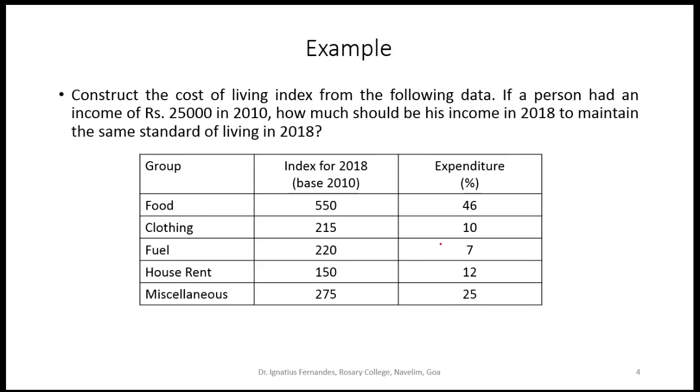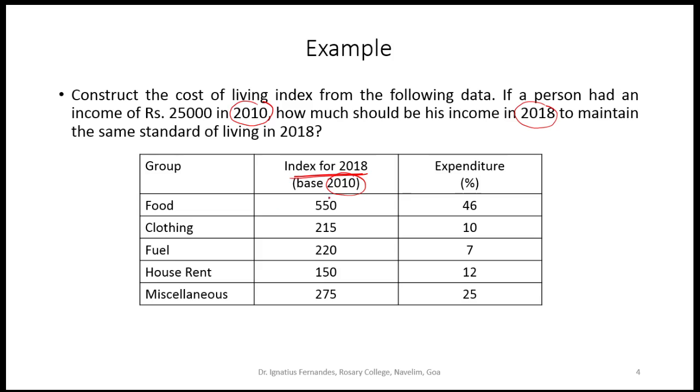Let's say, for example, suppose I have this data here. I want to construct the cost of living index for 2018 with respect to 2010, that is, the index number for 2018 with base 2010.